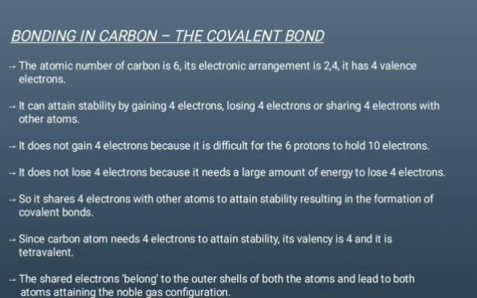The atomic number of carbon is 6. Its electronic configuration is 2, 4, which means the first shell contains 2 electrons and the second shell contains 4 electrons. So it has 4 valence electrons, that is, 4 electrons in the outermost shell which can take part in reaction.